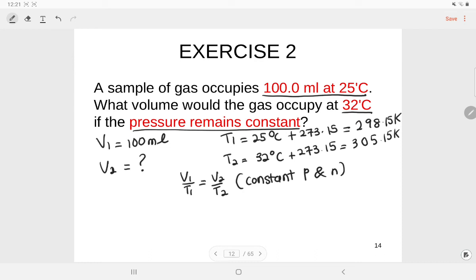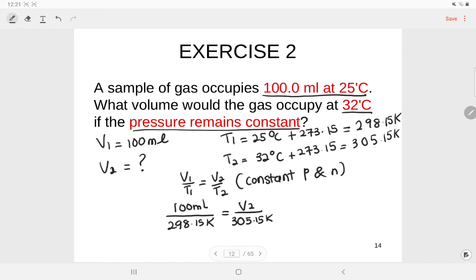Okay, so as we substitute, V1 is 100 milliliters. Always include units in your substitution process. 298.15 Kelvin equals V2, which is unknown. We're going to determine it through the calculation, and your T2 is 305.15 Kelvin.